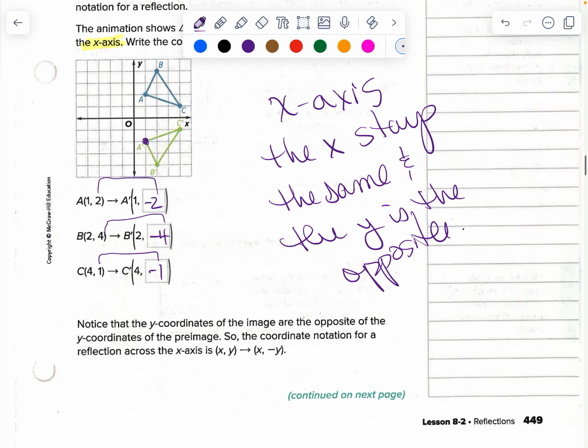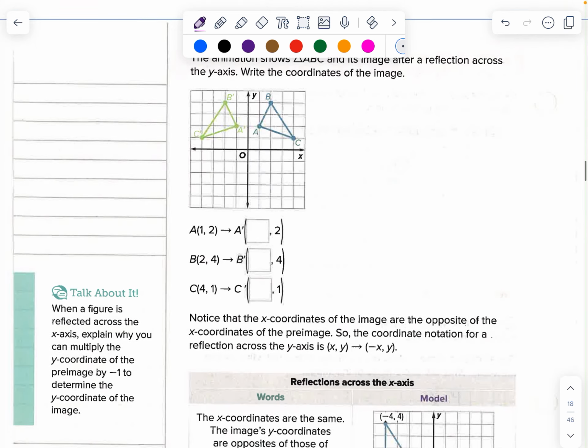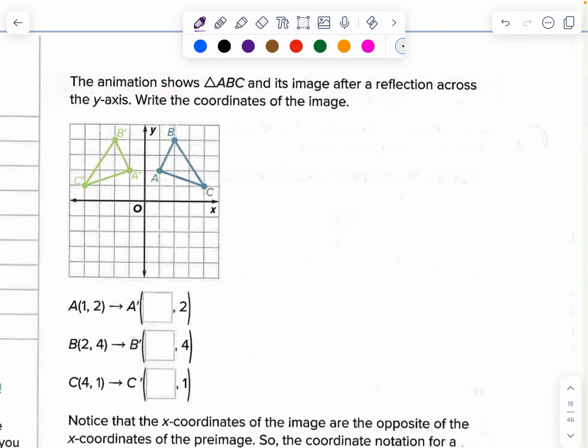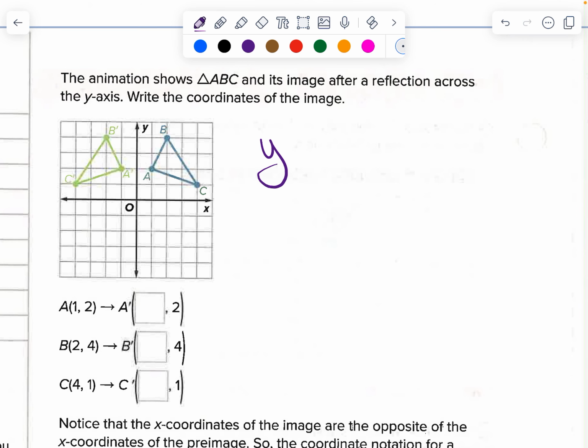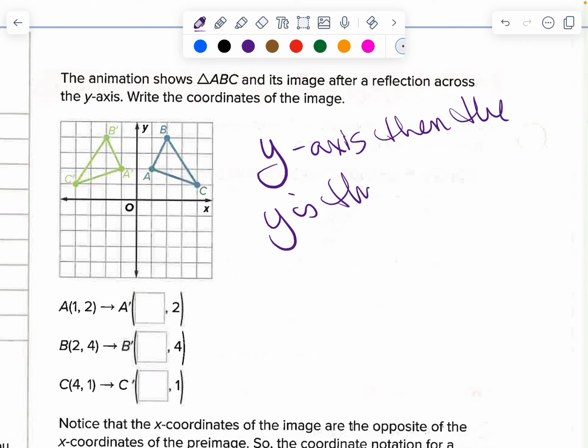So the coordinate notation is that when it goes over the x-axis, the x stays the same and the y is opposite. Okay. Now, if it goes over the y-axis, then the y is the same and the x is the opposite.